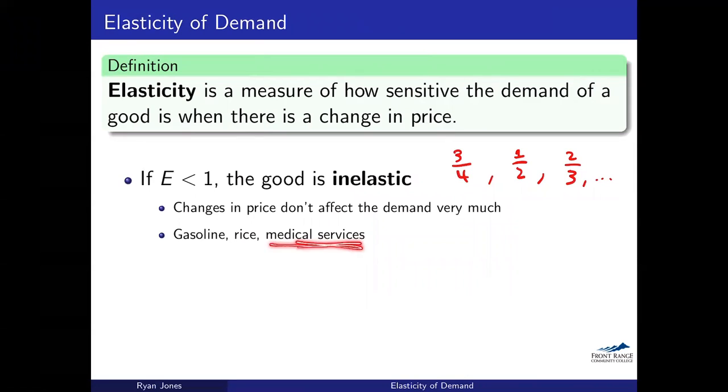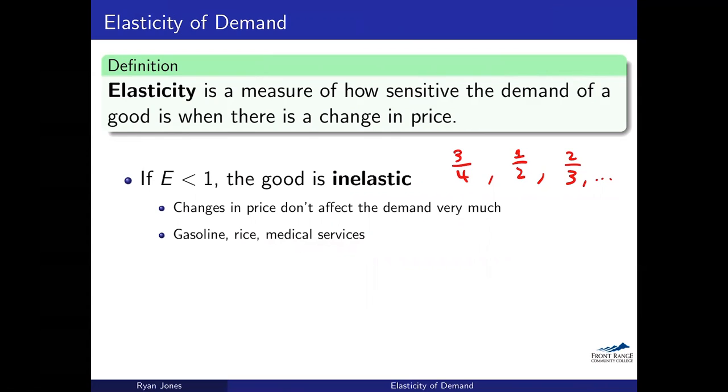Medical services are a great example of this as well. If you have to rush to the emergency room, maybe you're in the process of dying and you need emergency medical attention, you're not going to worry about how much it costs.